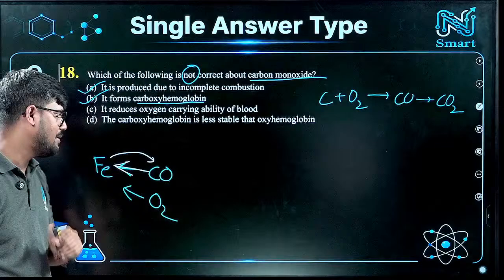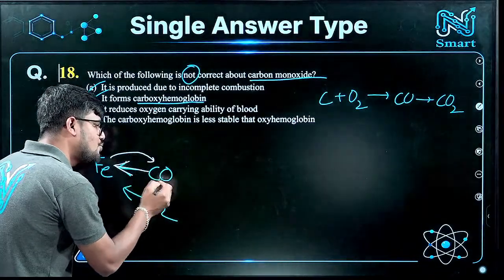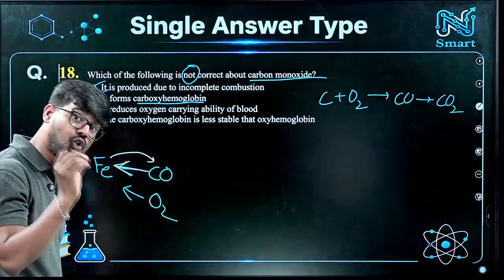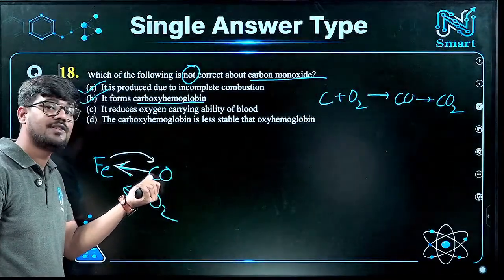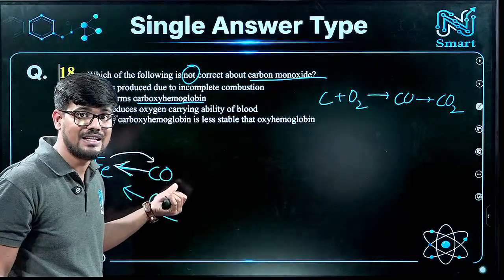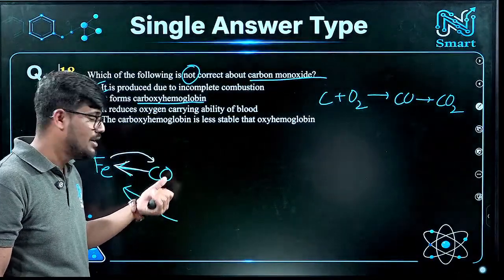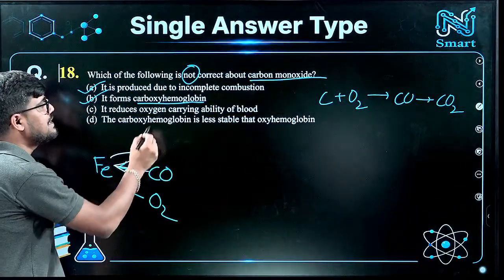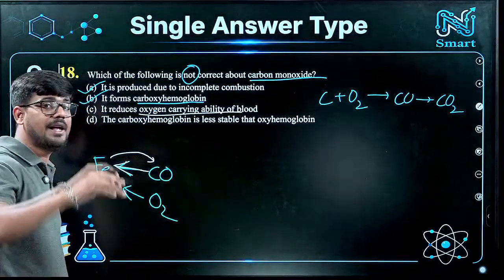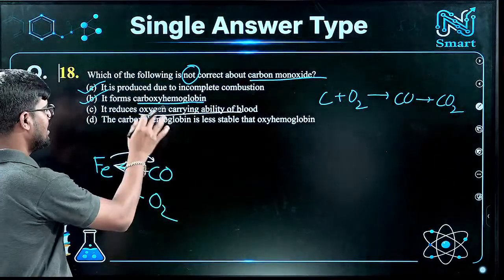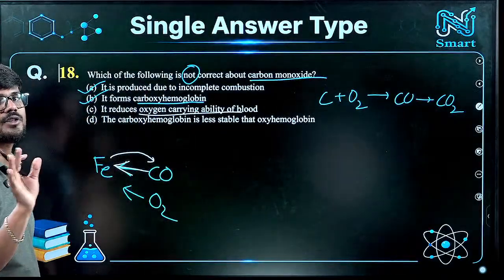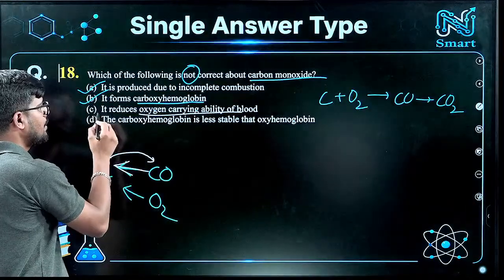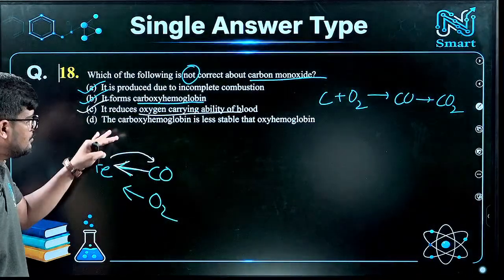So you just tell me, if iron is strongly attached to CO, then the CO molecule cannot be released easily, right? Correct? So that's why oxygen carrying capacity will be reduced if the CO molecule is involved in bond formation with iron of hemoglobin. So this is also a correct statement.